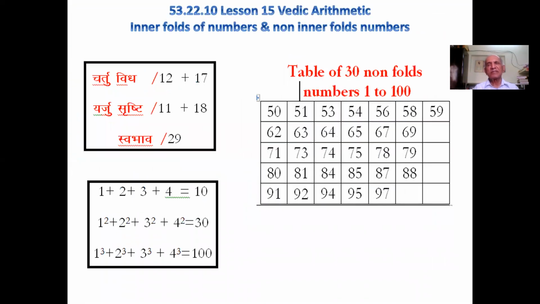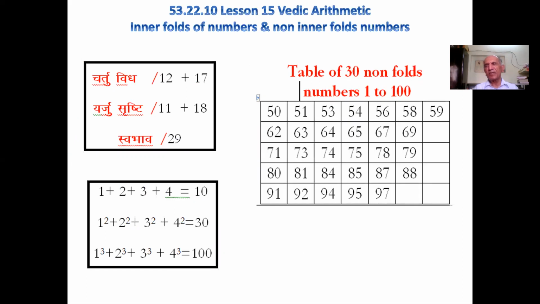Let us visit this screen where the table of 30 non-false numbers from 1 to 100 is given. These are 50, 51, 53, 54, 56, 58, 59, 62, 63, 64, 65, 67, 69, 71, 73, 74, 75, 78, 79, 80, 81, 84, 85, 87, 88, 91, 92, 94, 95, 97.